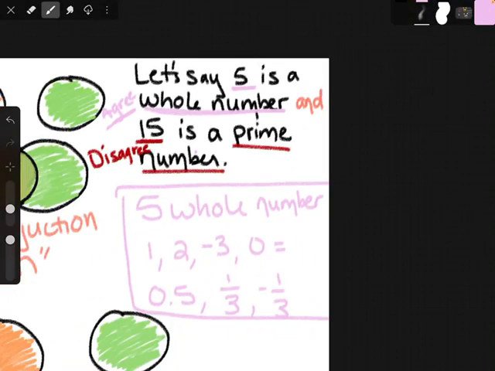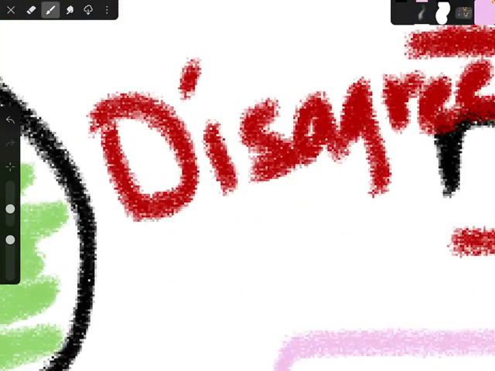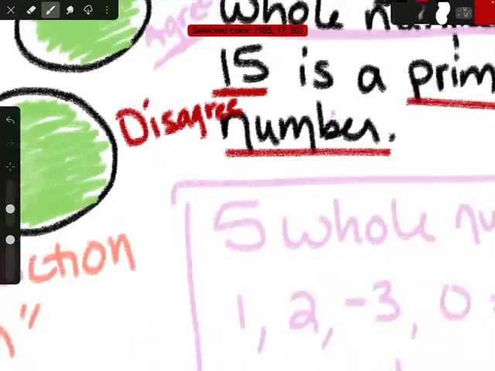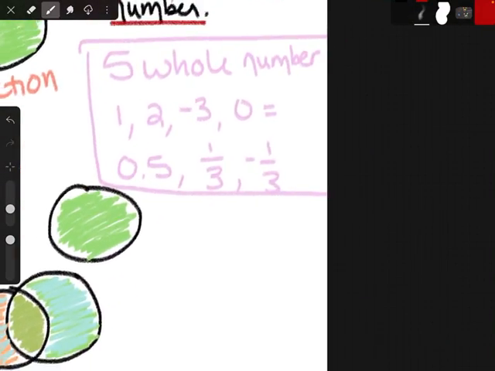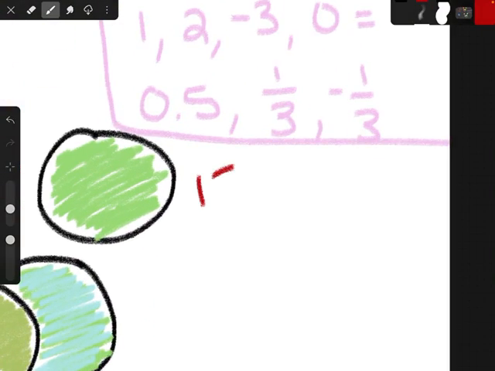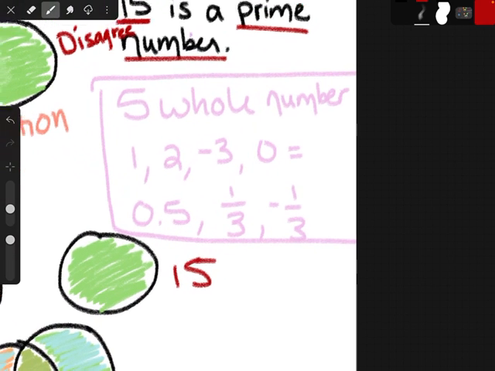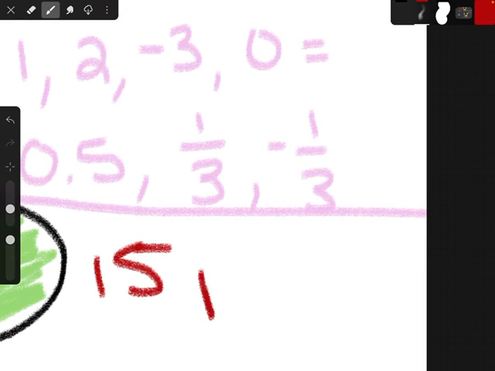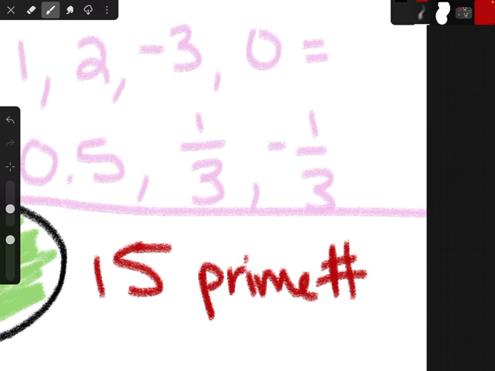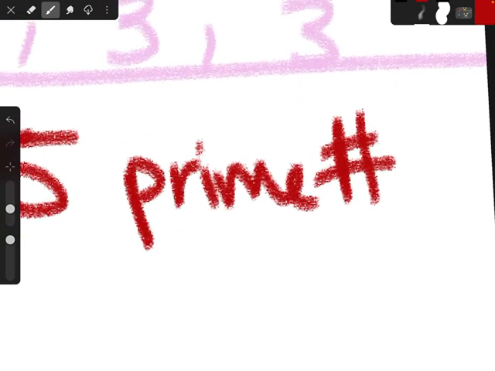Okay, now let's figure out what's going on over here. Am I choosing the right color? Okay. So, 15 is a prime number. I guess I should have done agree in green, but okay, I'll do that for next time. So I disagree that 15 is a prime number, right? It's my little variable for numbers, okay?